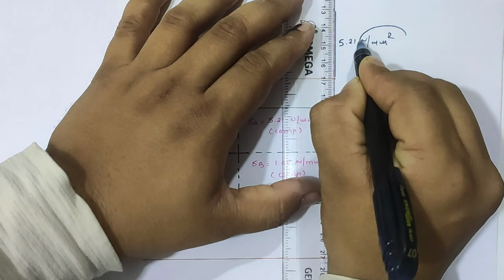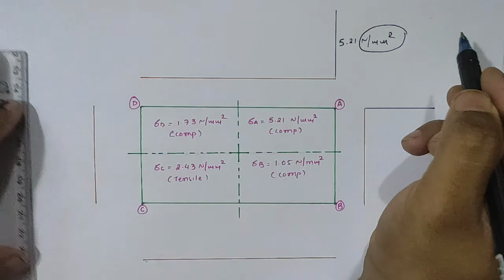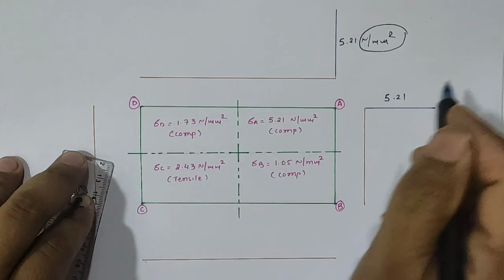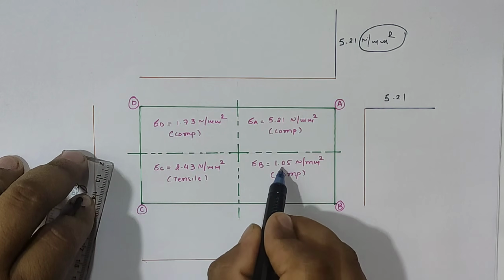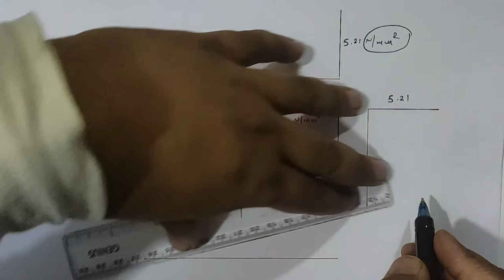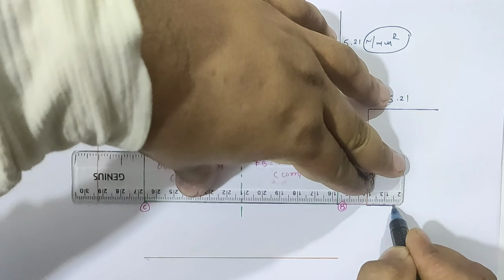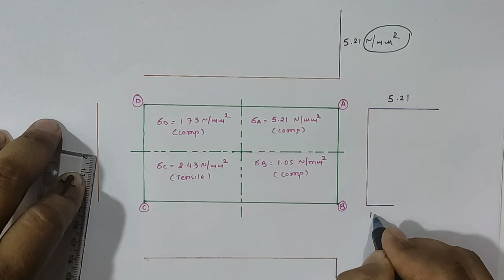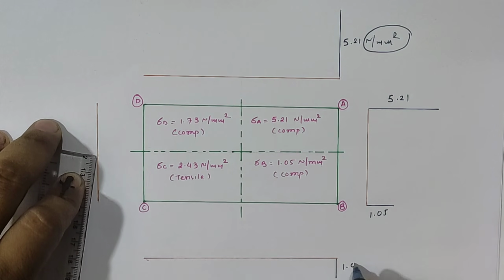Now all the dimensions are in Newton per mm square. At joint B, our value is 1.05 compressive, hence the value is positive and the value is 1.05.